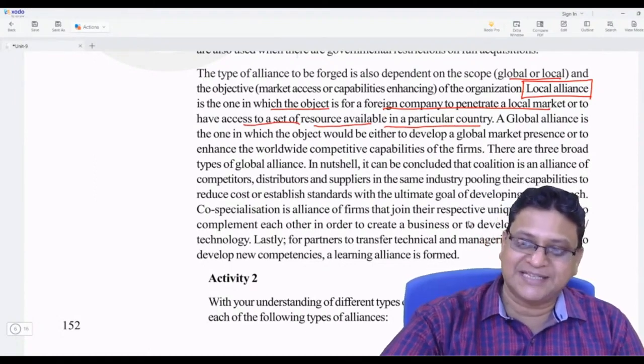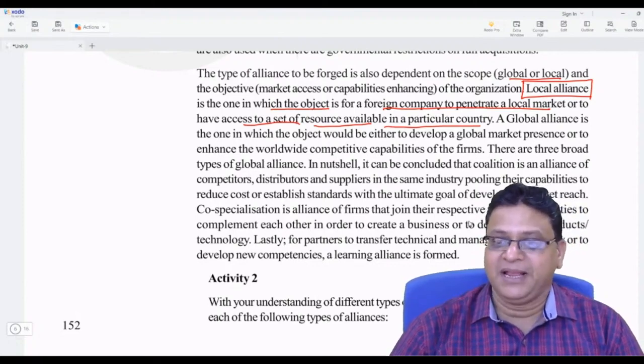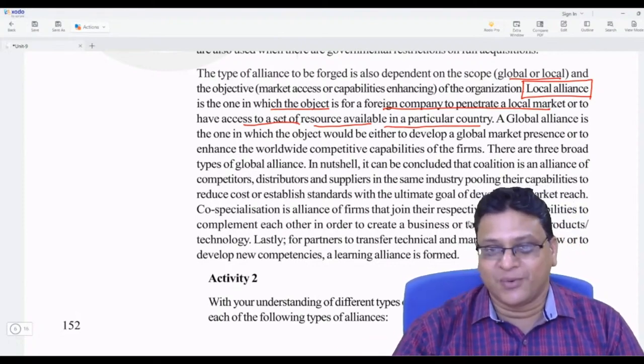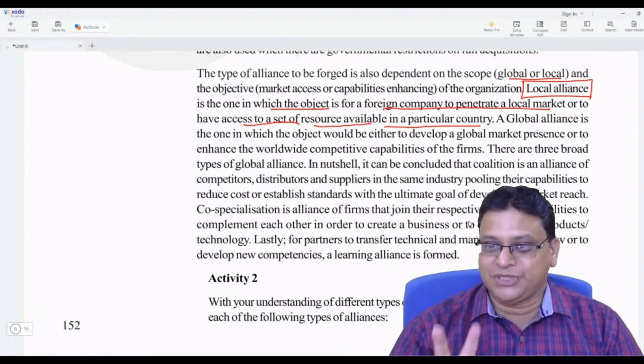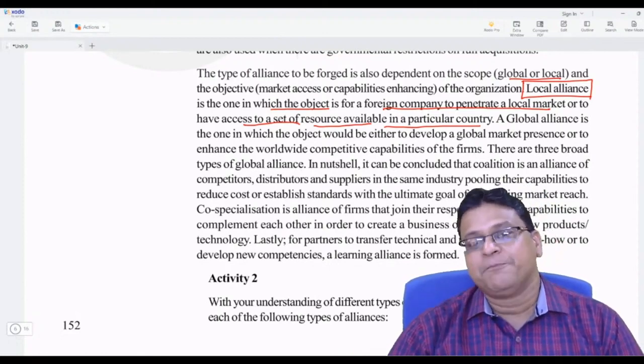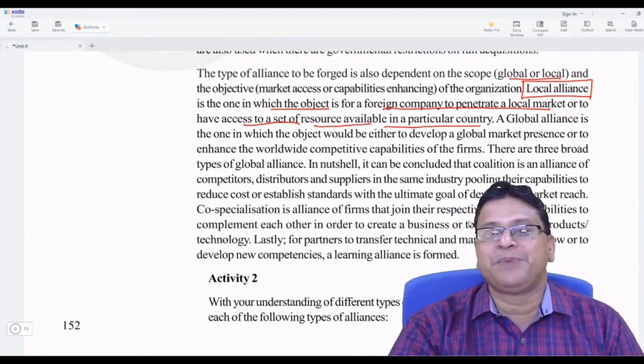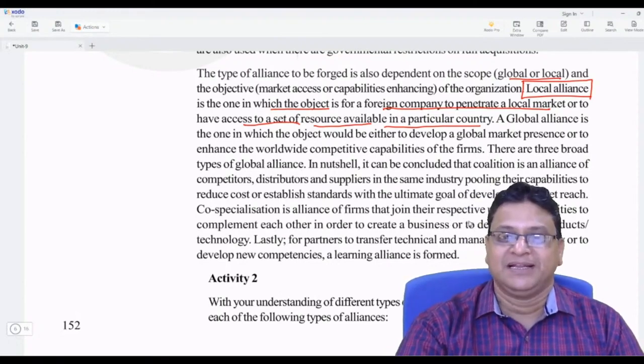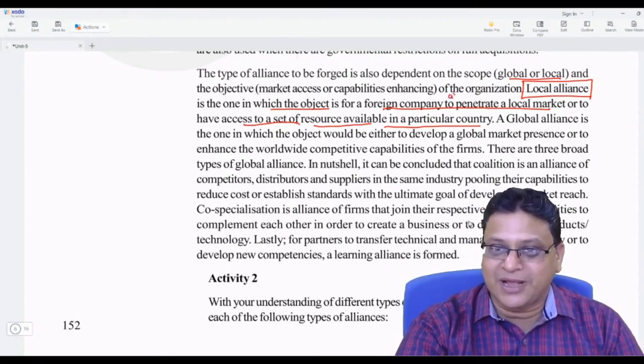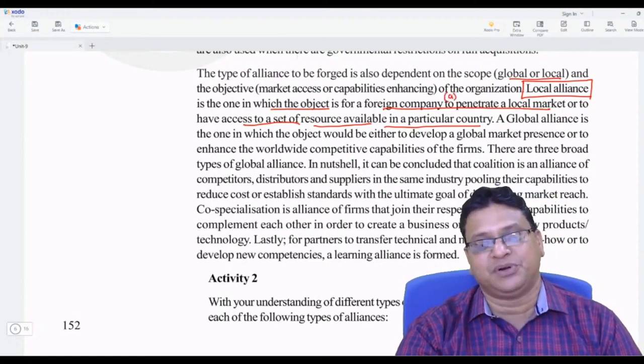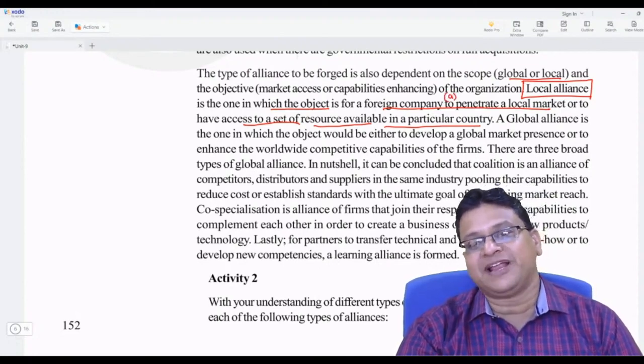It is done by a foreign player with a local player with two particular objectives. Point number one, to penetrate into the local market as quickly as possible.